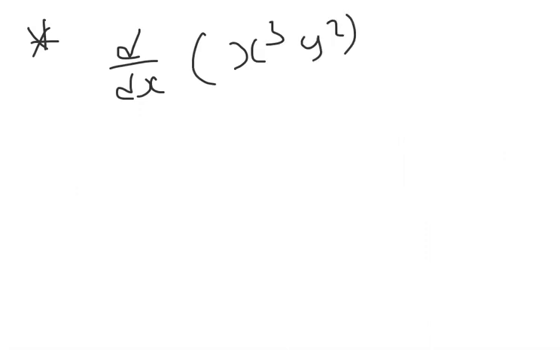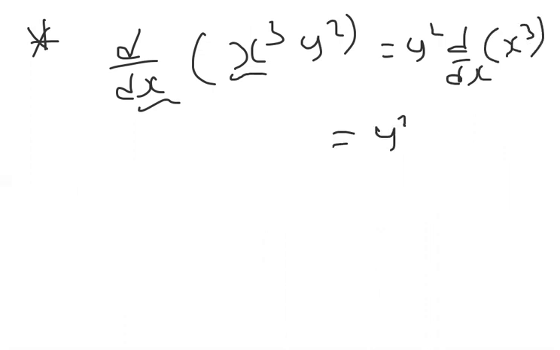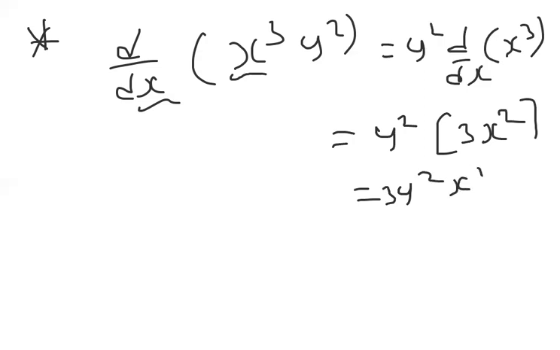Suppose they have given d by dx of x cube y square. Differentiating with respect to x means y is constant. So y square into d by dx of x cube, which is 3 into x square. So 3y square x square is the answer.